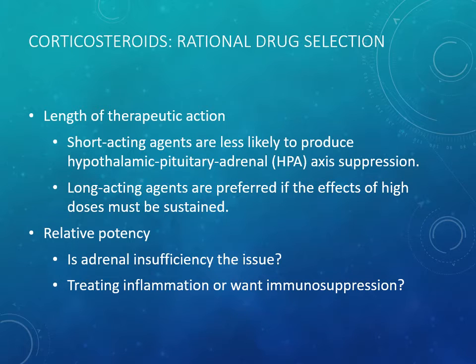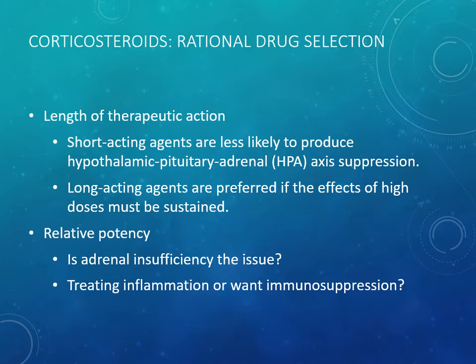So when we go to choose corticosteroids, we need to look at the length of therapeutic action that's needed as well as relative potency. And short-acting agents are less likely to produce HPA axis suppression. Examples of short-acting are cortisone tablets or hydrocortisone or Solu-Cortef. Intermediate acting examples are methylprednisolone, prednisolone, and prednisone may actually be considered intermediate to, or short acting to intermediate.